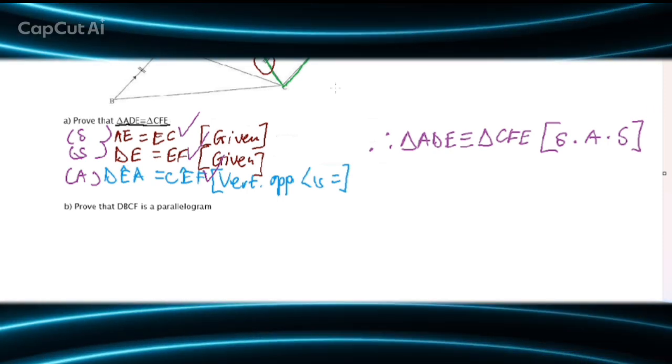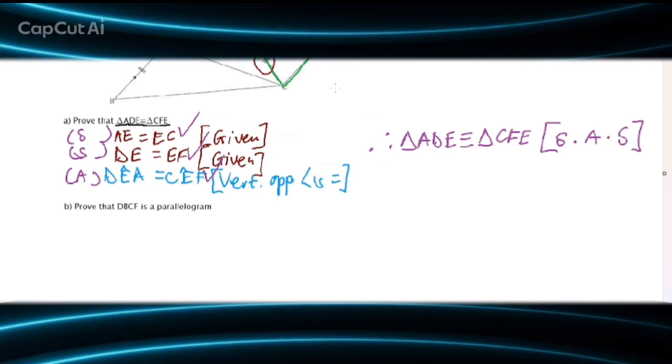So now let's look at the next question. We are supposed to prove that DBCF is a parallelogram. So how would you prove that something is a parallelogram?